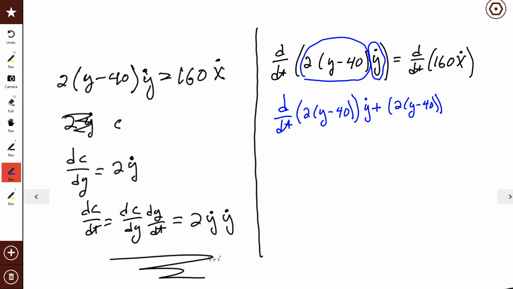I'm taking d/dt of the d/dt of y, so the derivative of the derivative of y. Let's finish up, and I'll do the right-hand side in a minute.